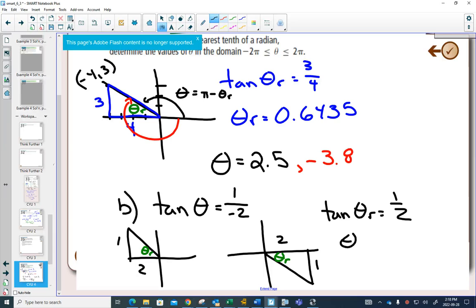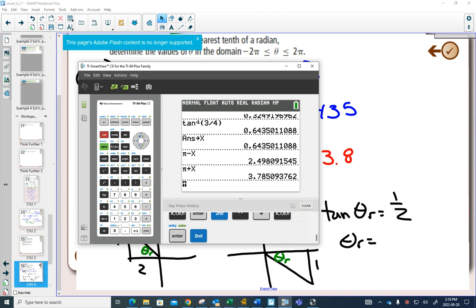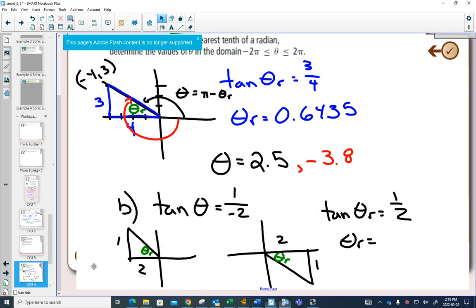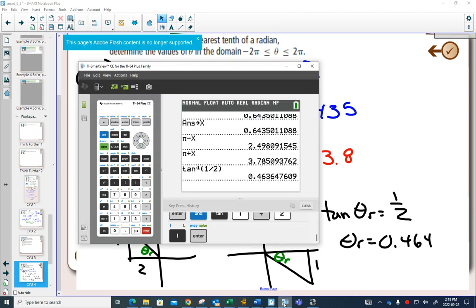I go to my calculator. I go tan inverse of 1/2. I get 0.464. Since I'm probably going to use that a lot, I'm going to store it as x.